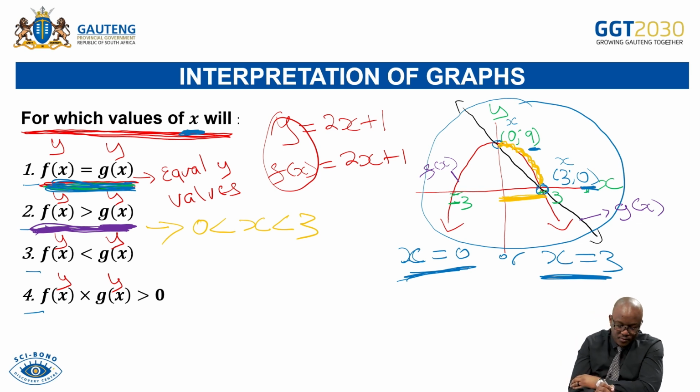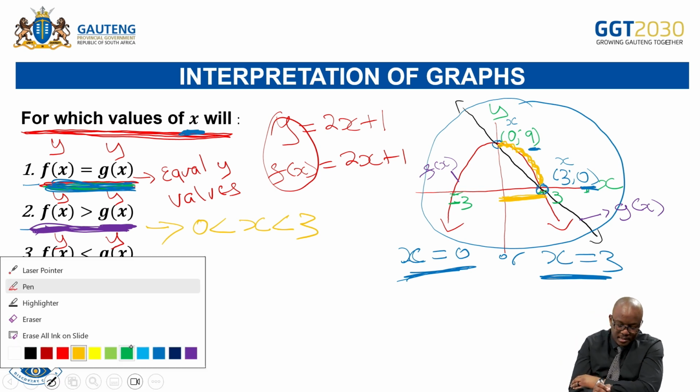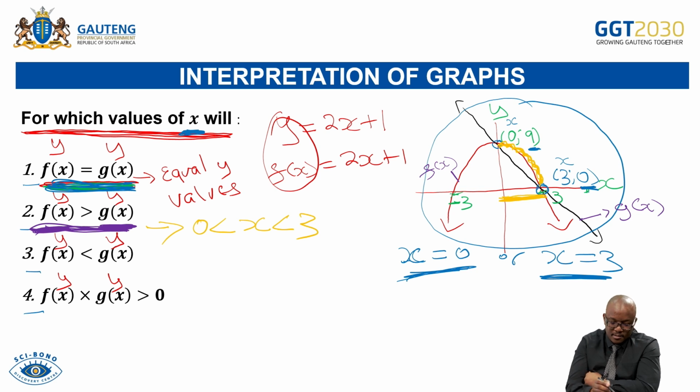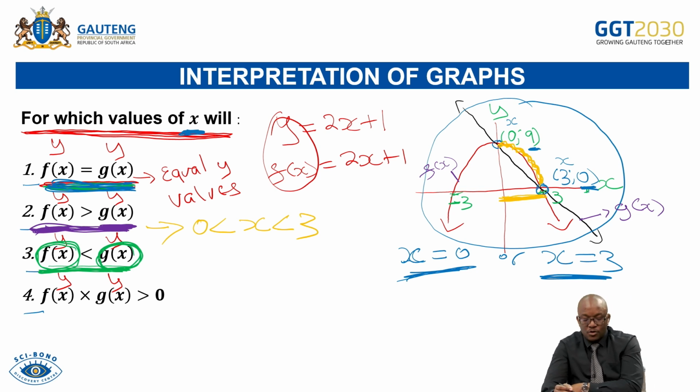So now we can do the third one. We can see now that we want where the y values of g of x, which is a straight line, the black graph, is on top of the y value of the red one. So you can see that the black one here is at the top of the red one.